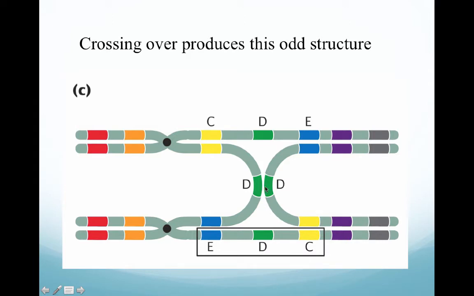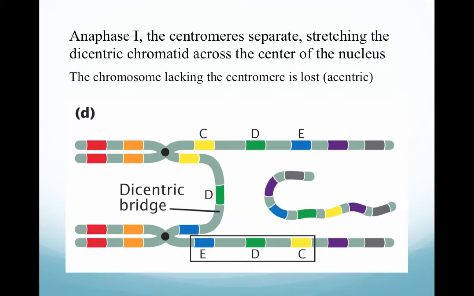So as anaphase takes place, there's nothing to connect the spindle fibers to, because there's no centromere. So that piece of the chromosome just disintegrates and is broken down and lost.